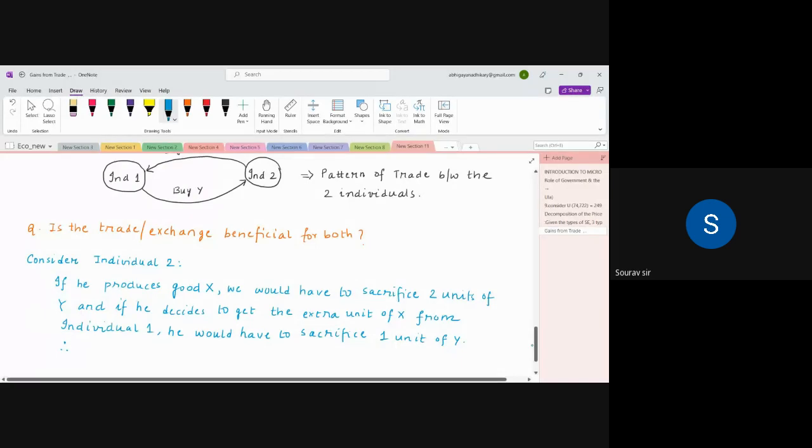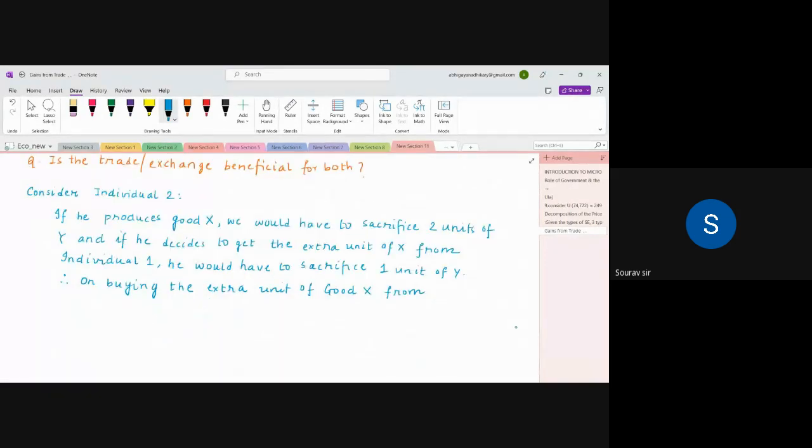Therefore, on buying the extra unit of good x from individual 1, he saves up on 1 unit of y.